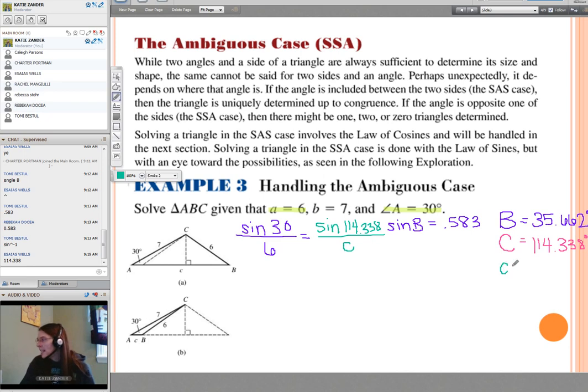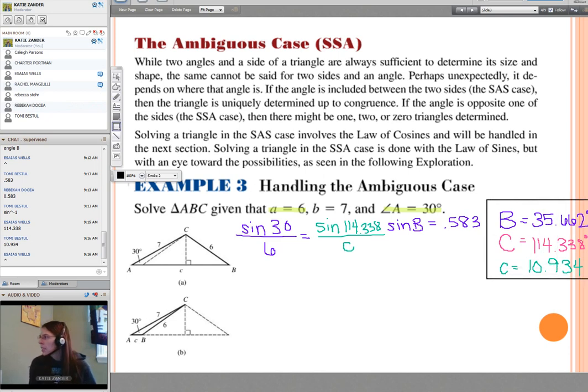What is side C going to equal, approximately? About a 10.934? Everybody else agree with that? Yep, Isaiah seconded it. Awesome. All right, so that's one possibility.